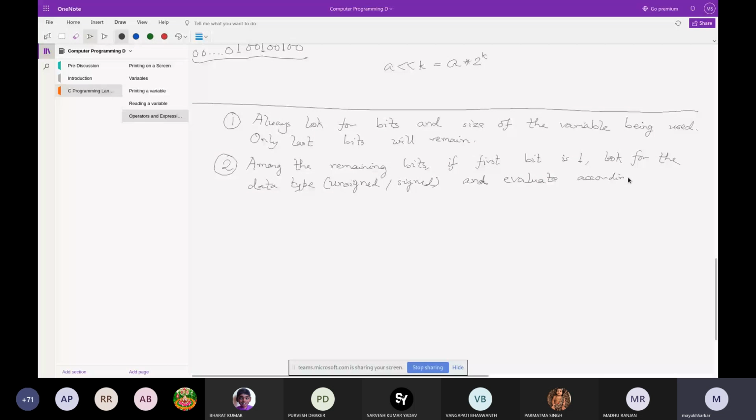These are two very important points you have to keep in mind when you perform these bit operations.